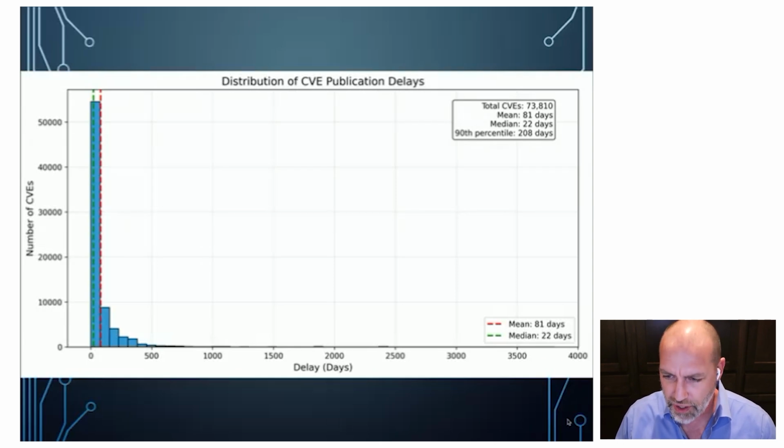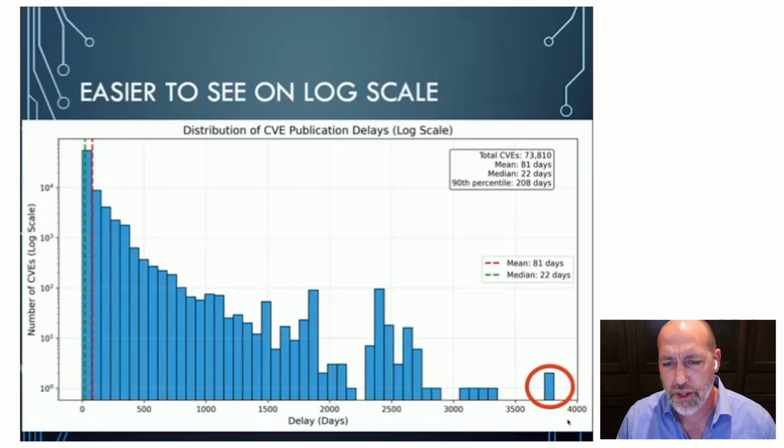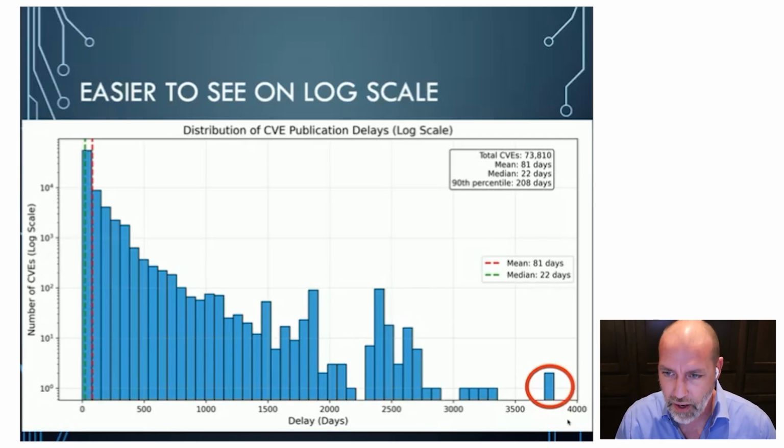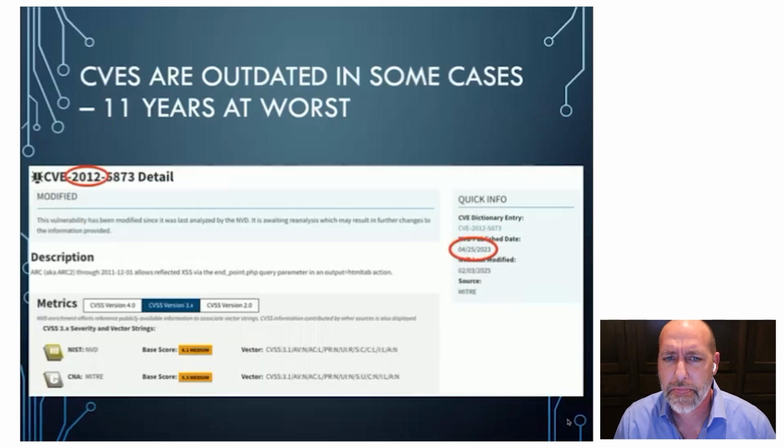But the thing that really threw me was this: why is this graph going off to 4,000? Like there's something weird about this data. So I threw it on a log scale, and sure enough, there's a whole bunch of vulns way out there. And then there's also a whole bunch around 1,500, 2,000, 2,500. So this is like multiple years of delays before these vulnerabilities get out in the wild, which is pretty interesting.